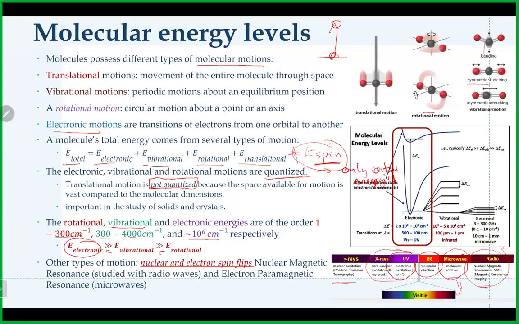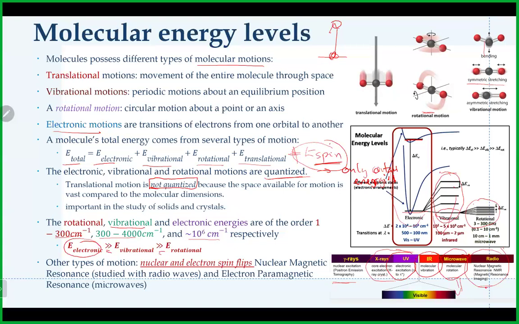So electronic energy levels are much more widely spaced. Because they are wider, you require lots of energy. They are much more widely spaced than vibrational energy transitions, which are in turn much more widely spaced than rotational ones. What does that mean? It means that while one electronic transition is taking place, several vibrations can take place.